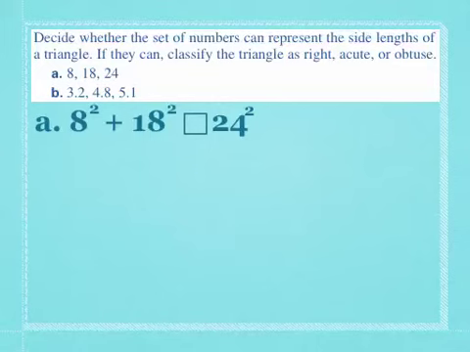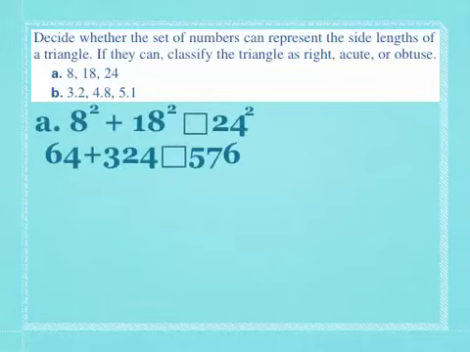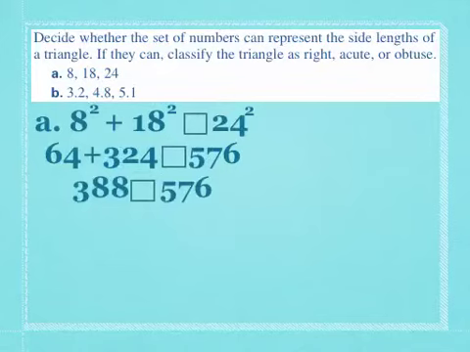8 squared is 64. 18 squared is 324. And then 24 squared is 576. Go ahead and add 64 plus 324, and you get 388, and then 576.